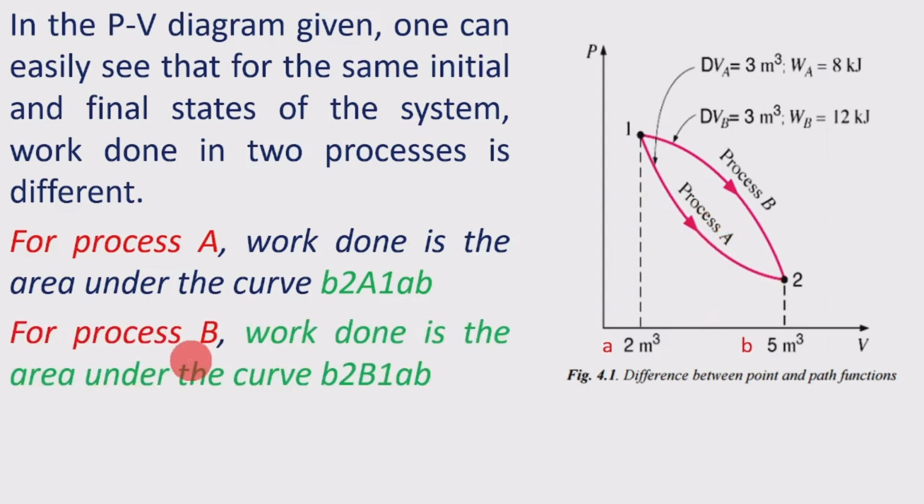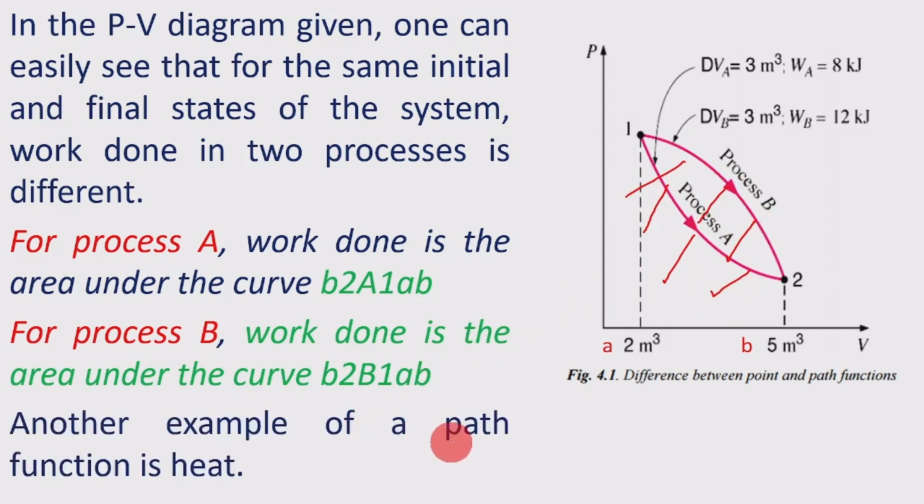Similarly, for process B, work done is the area under the curve for path B. The area under this curve is the work done during process B. Therefore, these two areas are different.